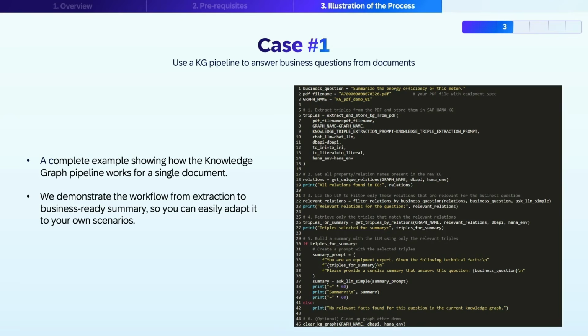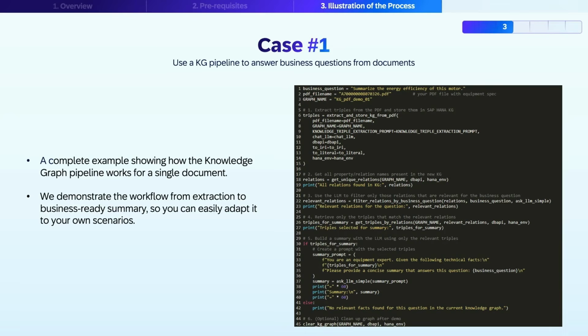We start by extracting all relevant technical facts from the document and storing them as RDF triples in SAP HANA Cloud. The result is a structured graph that captures all measurable properties such as voltage, frequency, and efficiency ratings. This gives us an overview of what kinds of data were extracted.